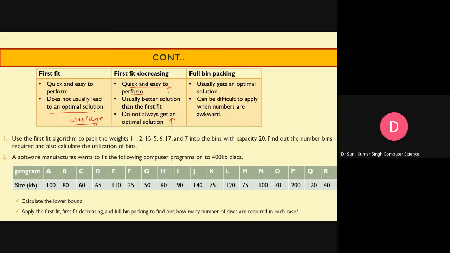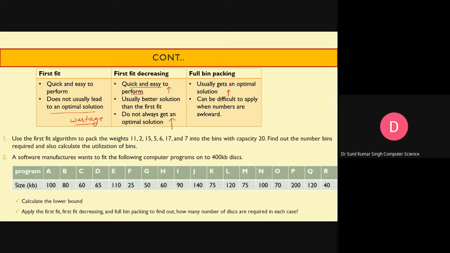And look at full bin packing. Usually we get the optimal solution in this case. But as I have already discussed, it is an NP hard class problem. So if the problem size is high and values are very awkward, then this one also cannot ensure the optimal solution, because it will be very difficult to form the combinations to utilize the full capacity of bins.